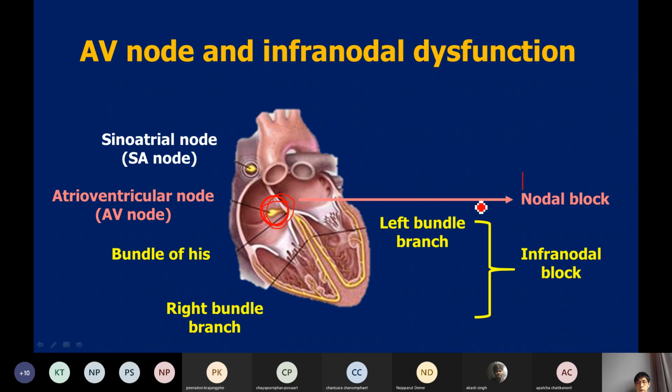We call it the infranodal block because it blocks below the AV node. But the surface ECG is quite similar between these 2 types of block, but there are some clues in the ECG that we use to differentiate the type of the block.